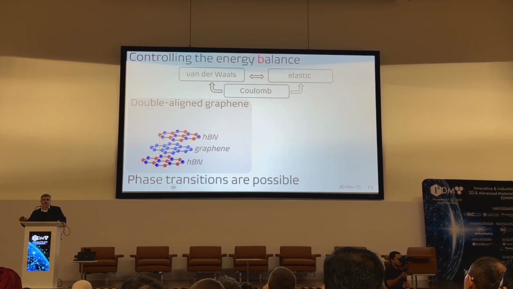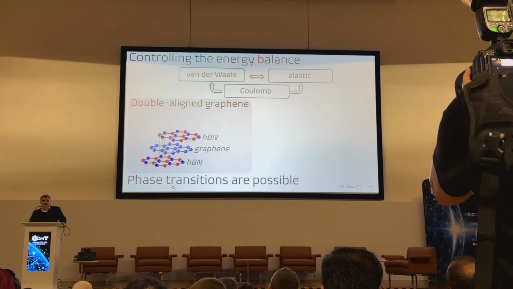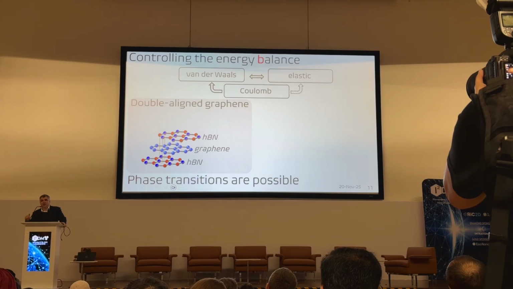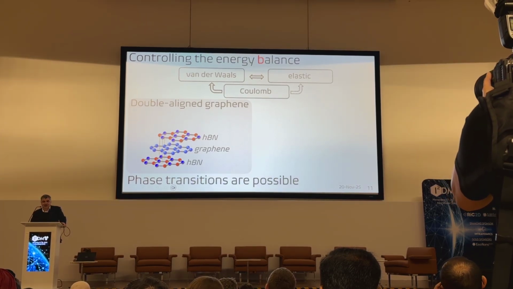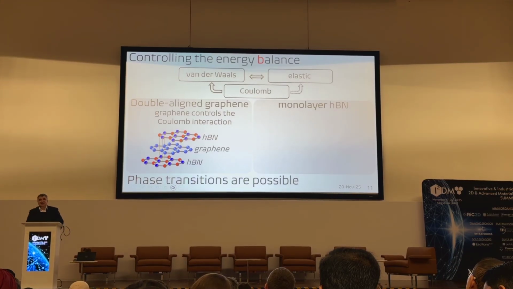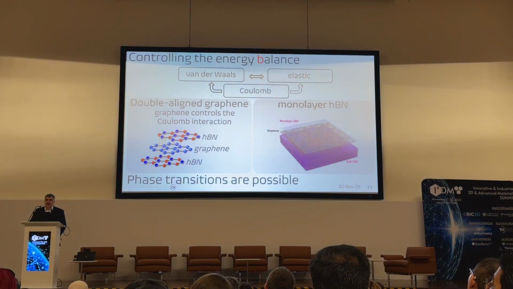So usually, if you had single aligned, you would only get a single low energy state. For the double aligned, you already have opportunities for two competing phases, like in ABA or ABC graphene. And another one, to enhance the strength of those interactions, we use monolayer interfaces.